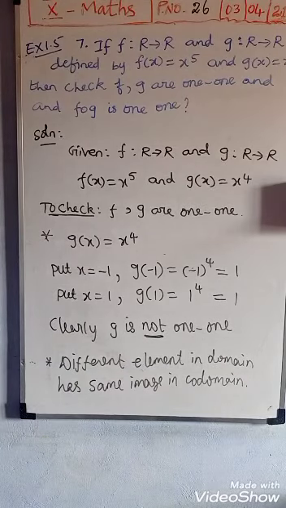You know already, for a one-one function, different elements in your domain have different images in the codomain only. But here we are getting the same image, so it is not one-one. g is not one-one.